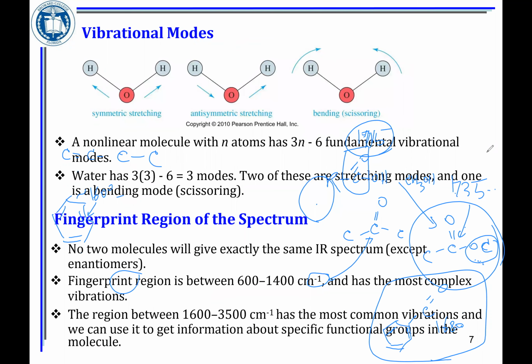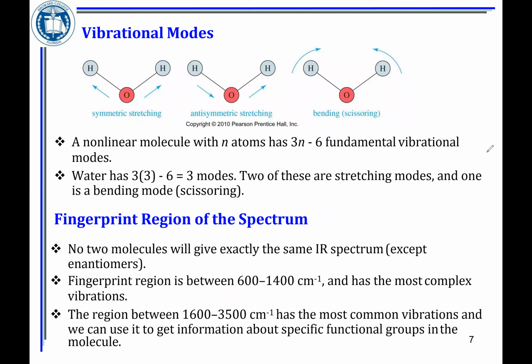I talked a lot about it, and I just want to make sure that you know what you are going to learn and what you are trying to learn in this chapter. What I said is included in the next slides, but I kind of summarize it. So we have the fingerprint region.